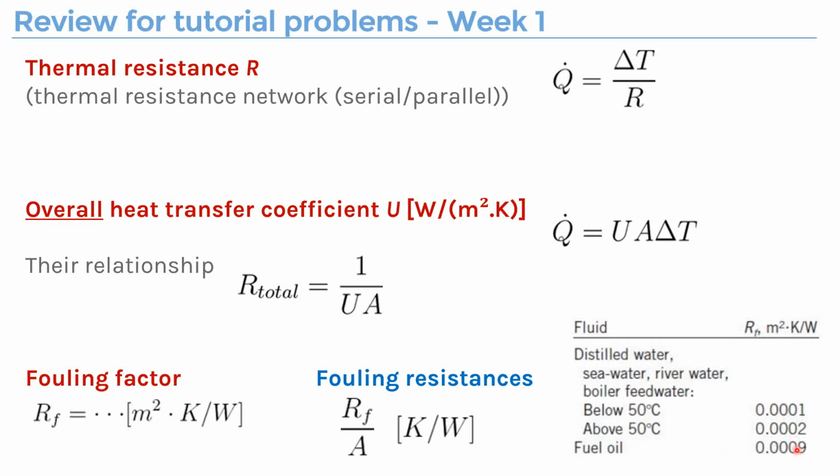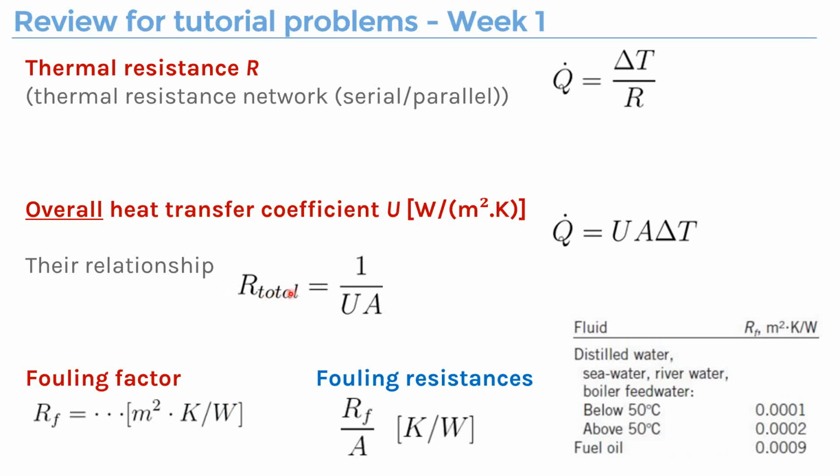Although the fouling factors are expressed as R subscript F, you cannot use this as a resistance directly, because the unit is square meter Kelvin per watt.